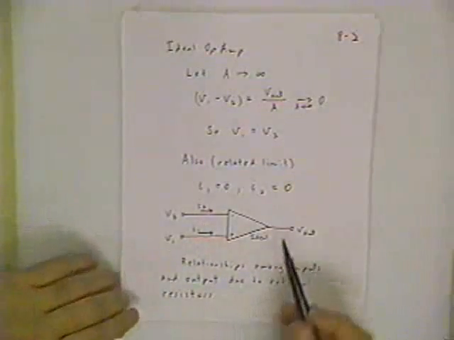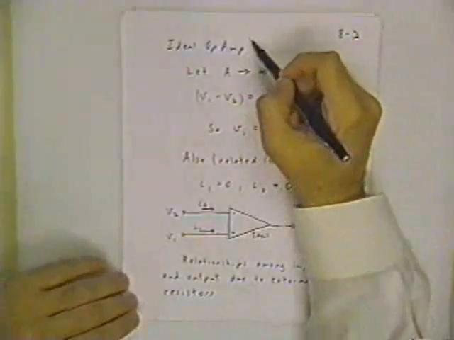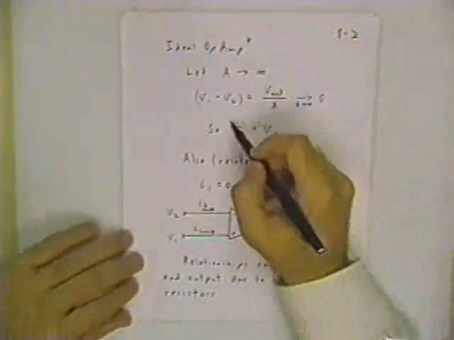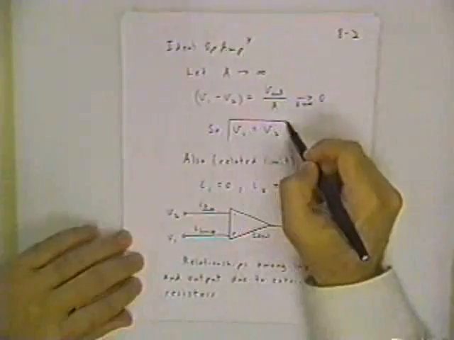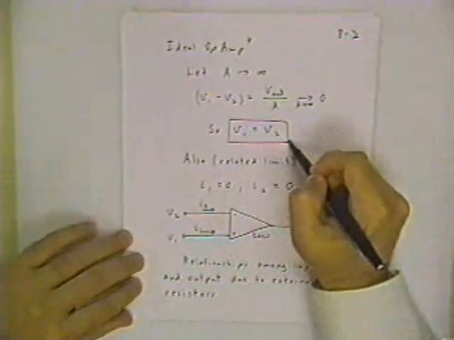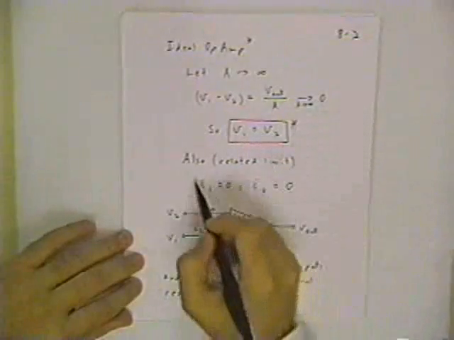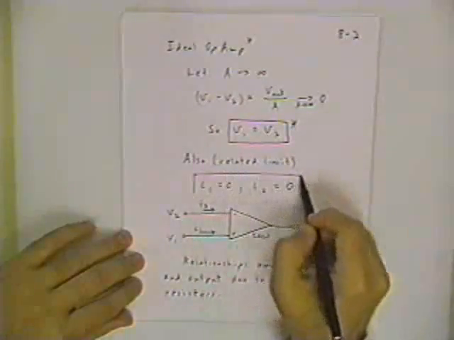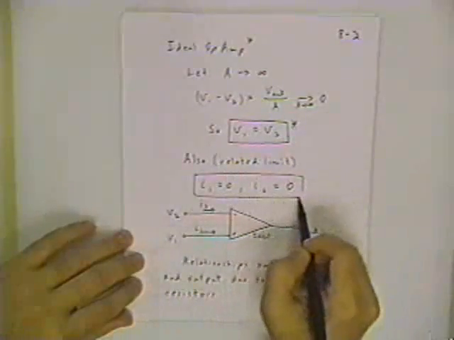So now, to summarize, what I want to remind you of about the ideal model is that V1 equals V2, where those represent the input signal voltages, and that the currents going into those inputs are both 0.